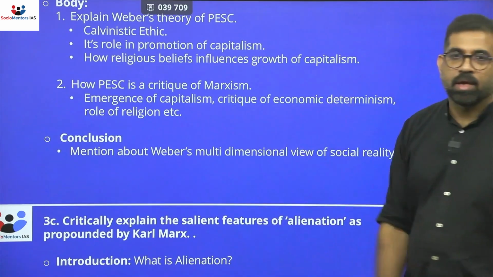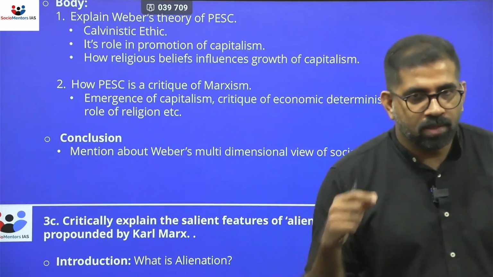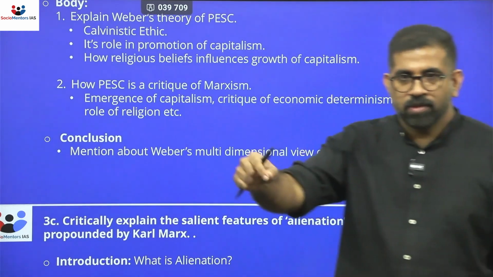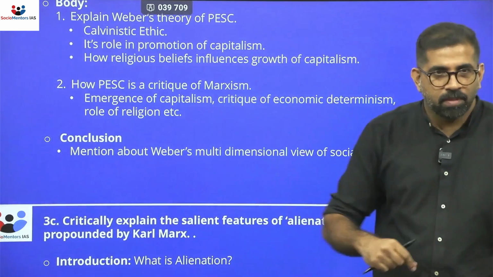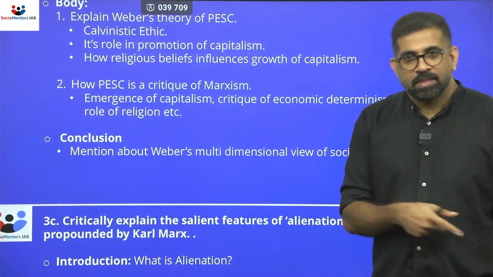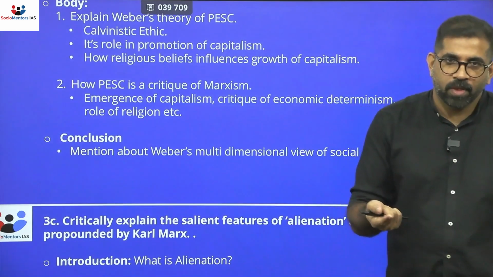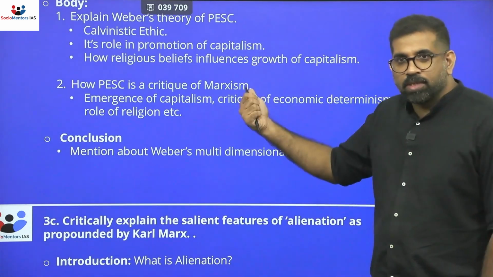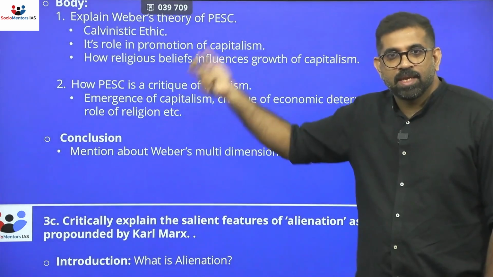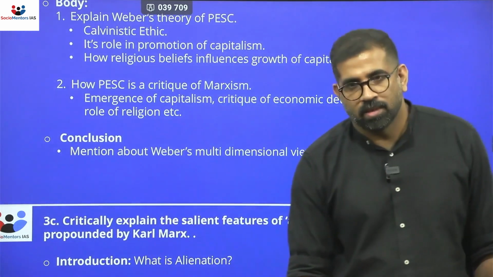When it comes to economic determinism, in Protestant ethic and spirit of capitalism, Weber is saying that something which is in the superstructure can influence the base structure, right? Marxian theory of economic determinism says that base structure influences the superstructure. Religion is part of superstructure. In Protestant ethic and spirit of capitalism, Weber is saying that religion has led to changes in the economic system.